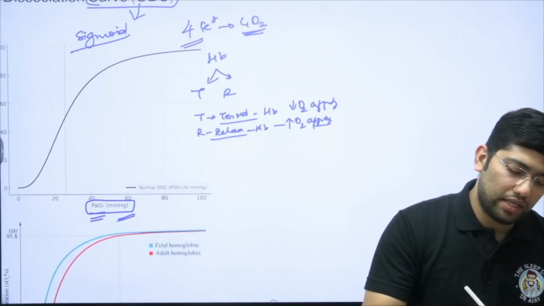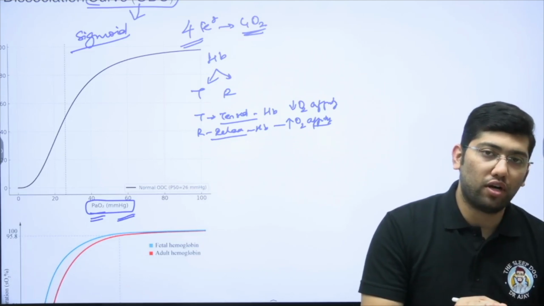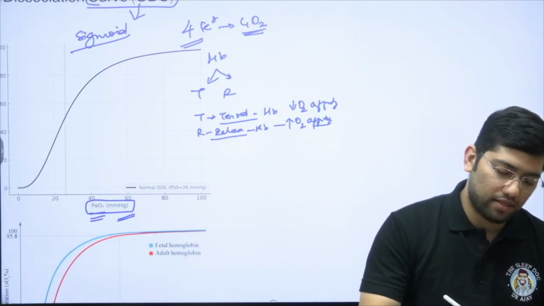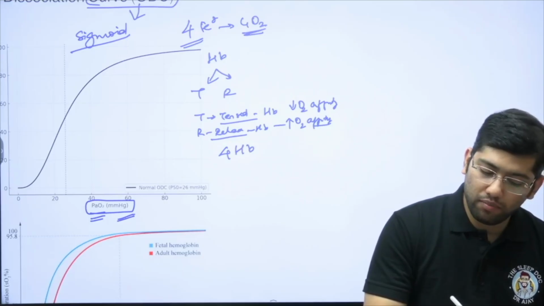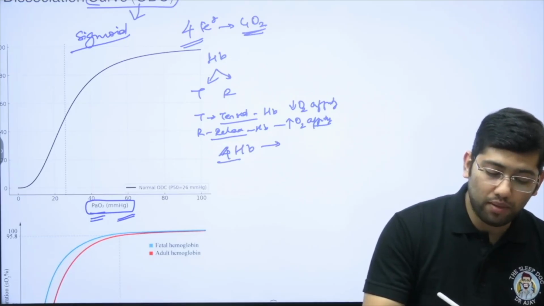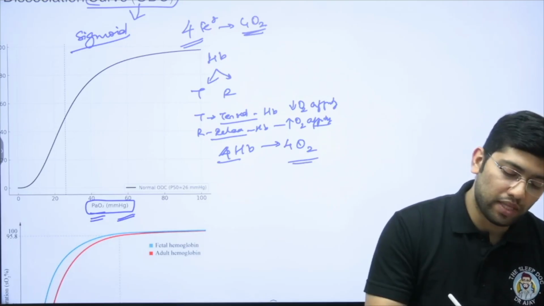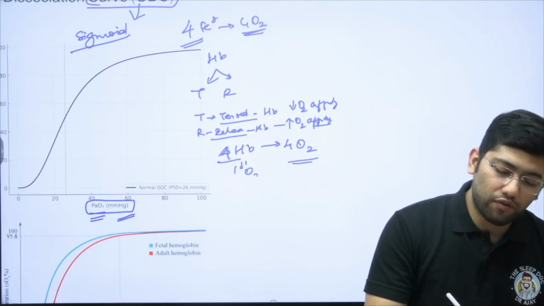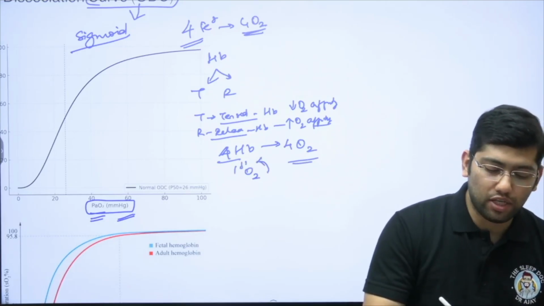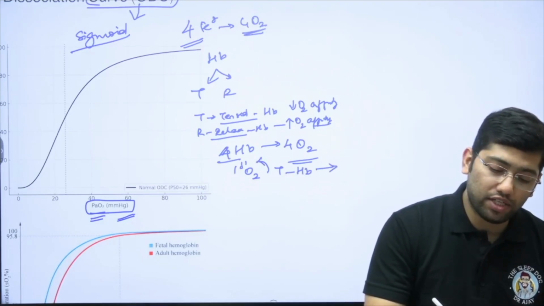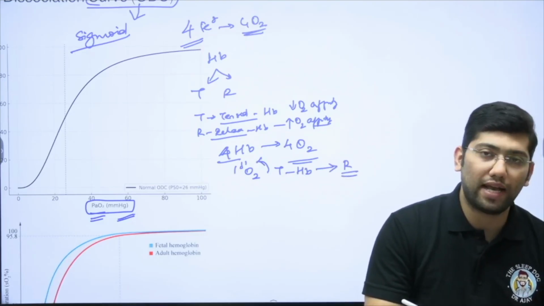Now, this sigmoid curve occurs due to a phenomenon called cooperative binding. That is, one molecule of hemoglobin binds to 4 molecules of oxygen. When the first molecule of oxygen binds to the tensed state of hemoglobin, the configuration changes to relaxed state.